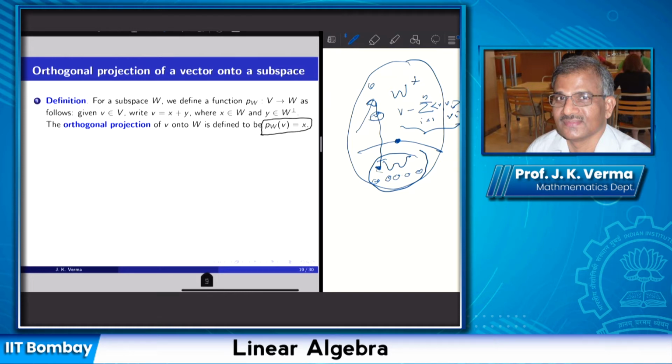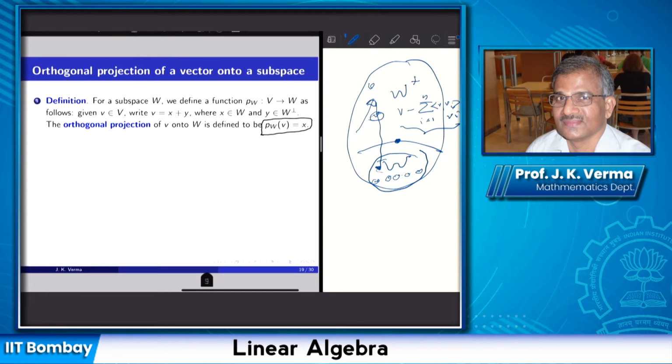First we construct an orthonormal basis of that subspace, take a vector in the big vector space and project it in each of the mutually perpendicular unit directions given by this orthonormal basis of W. Add these projections, and that is called the projection of V in the subspace W.